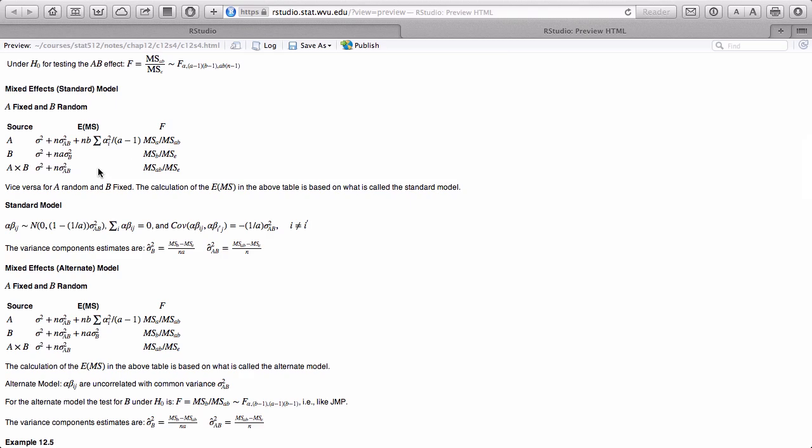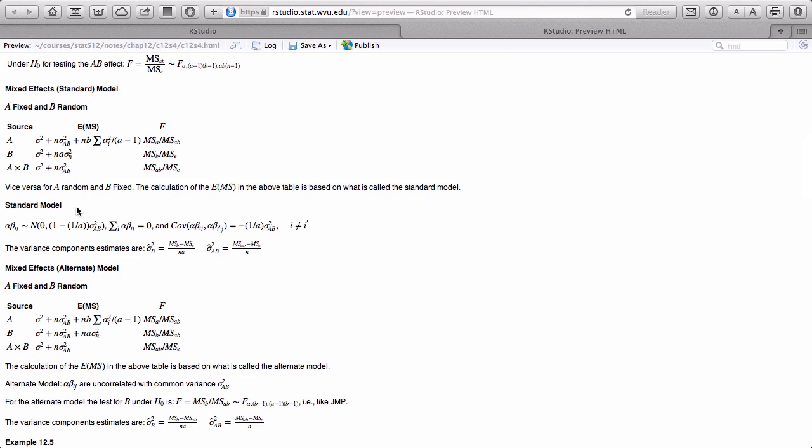So therefore, the A effect is tested by what? The A effect is tested by the interaction. The B effect is tested by the error term. Because the error term has an expected mean squared of just sigma squared, and the interaction is just tested by the error term. So the random effects are tested by the error term, but the fixed effects are tested by the interaction term.